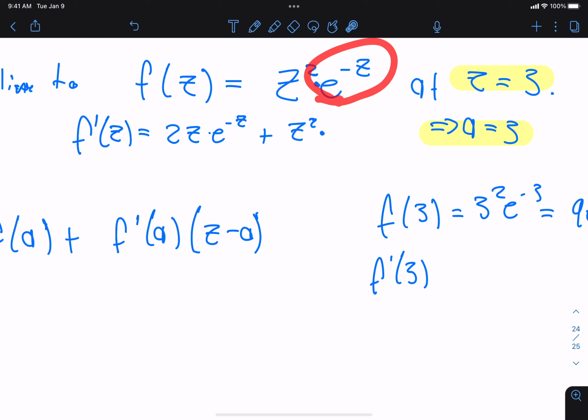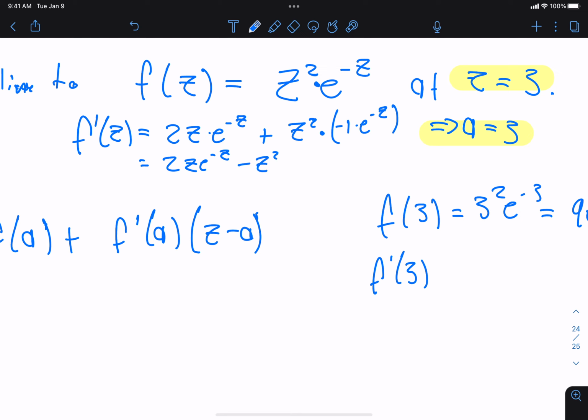Where k is equal to what? Minus 1. So the derivative would be k, which is negative 1, times e to the minus z. Okay? So that's 2z e to the minus z minus z squared e to the minus z.